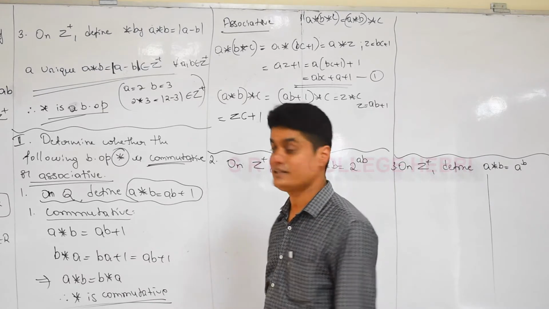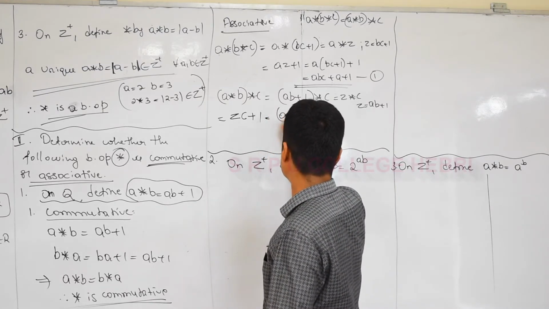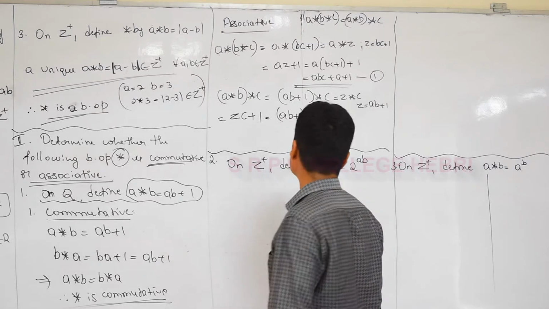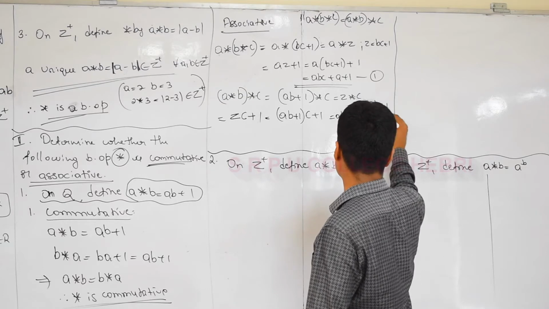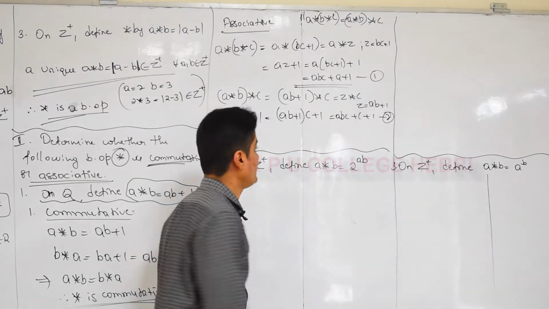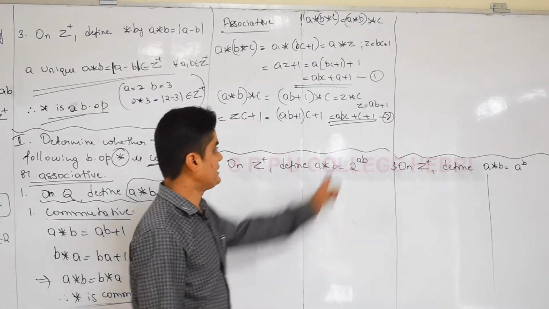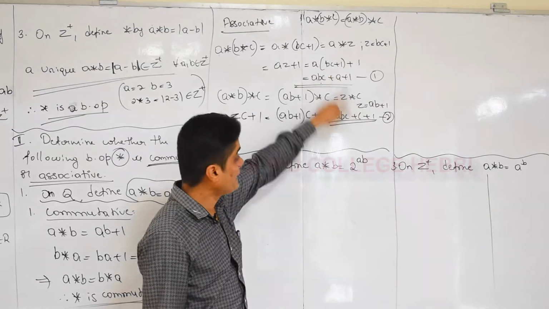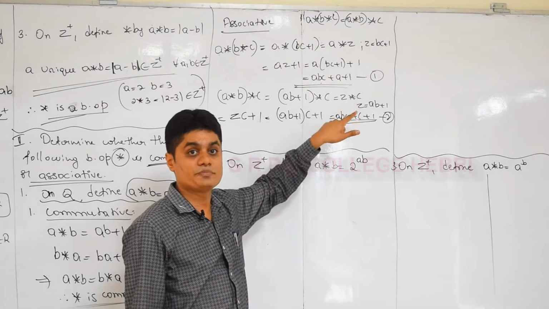Correct? zc plus 1, where z is ab plus 1, into c, plus 1. So this becomes abc plus c plus 1. Name this as 2. Now check whether 1 and 2 are equal. Are they the same? abc is fine, plus 1 is okay, but see, a is here and c is here. So it is very clear that they are not equal.